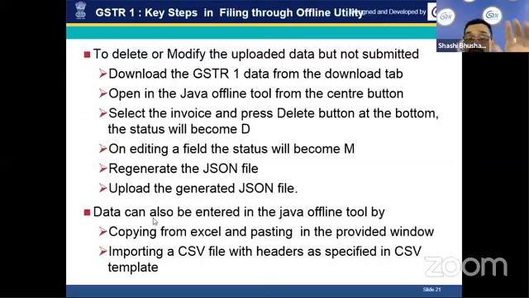There is a button which enables this upload, which opens up this window, and you can paste this Excel file. You can also import CSV files generated from your accounting software if they have the same headers as in the template which accompanies the download of this offline tool.